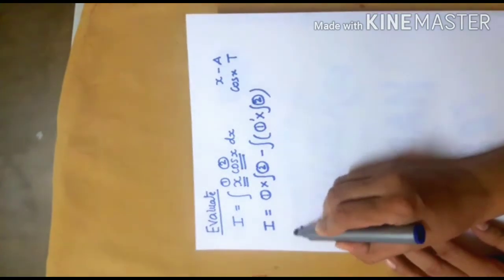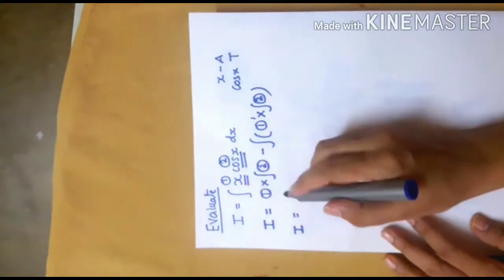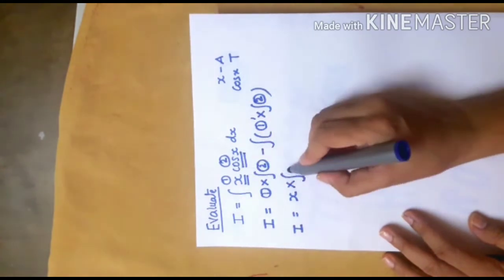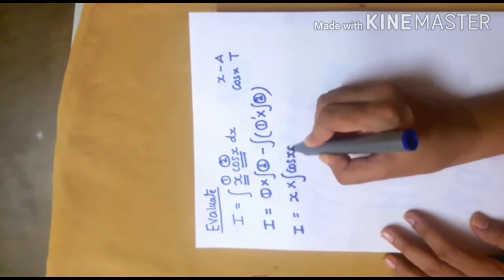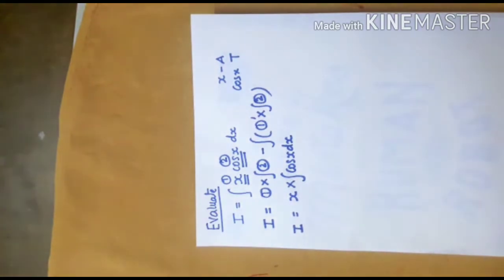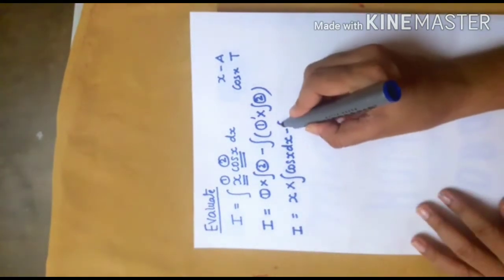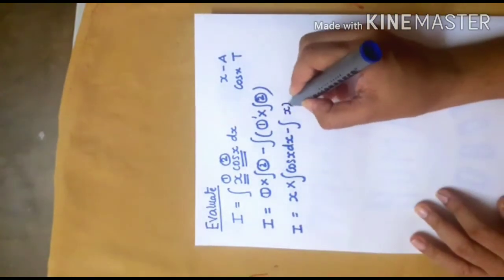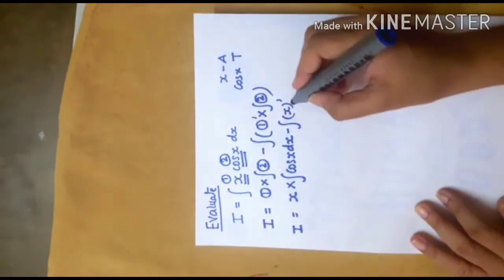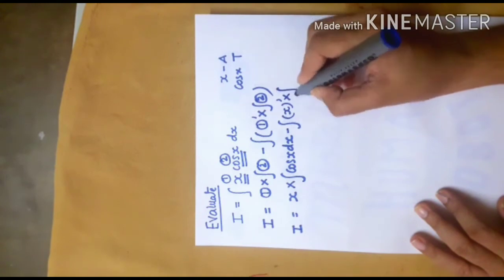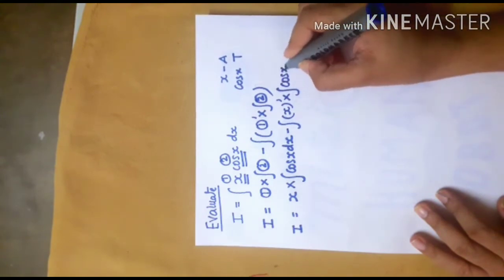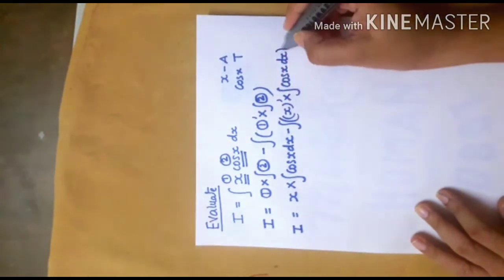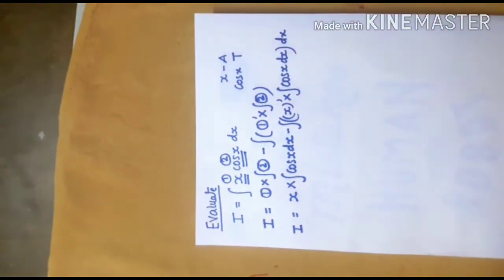Now the first function is x into integral of second function, that is integral of cos x, right? Minus integral of derivative of first, that is x dash, into integral of second, that is integral of cos x, this whole bracket and here dx.